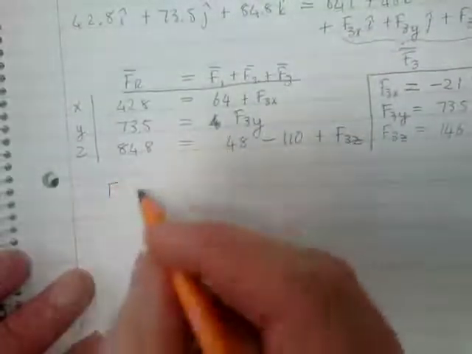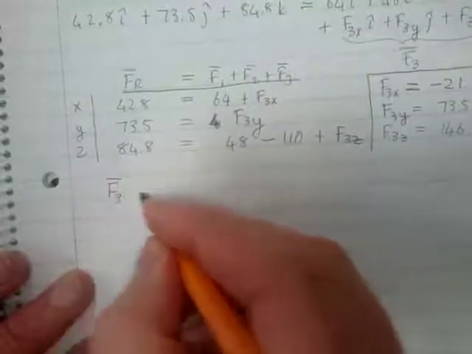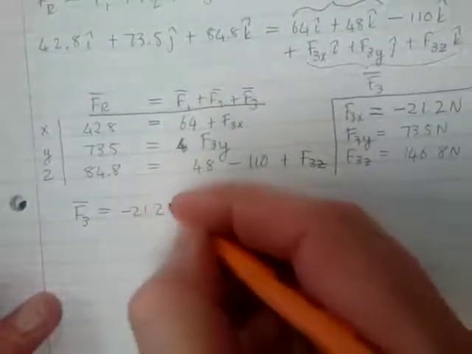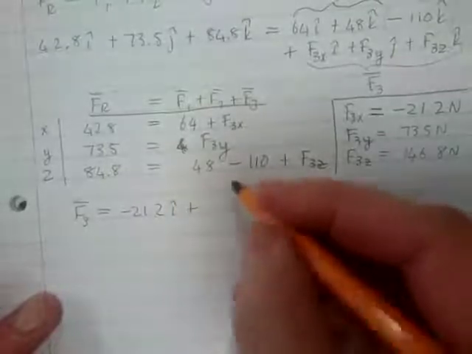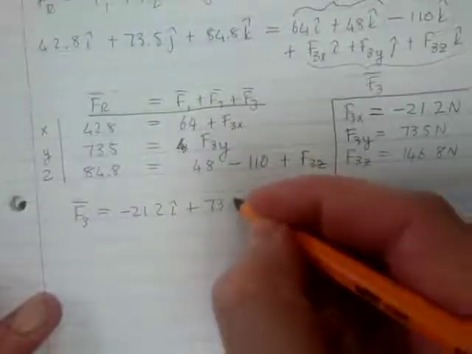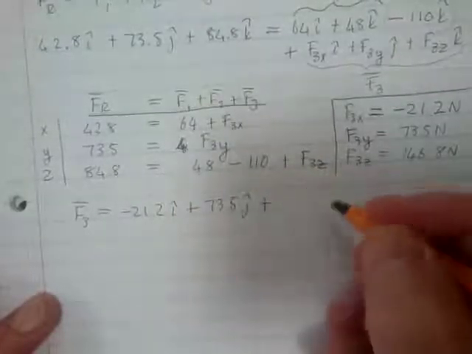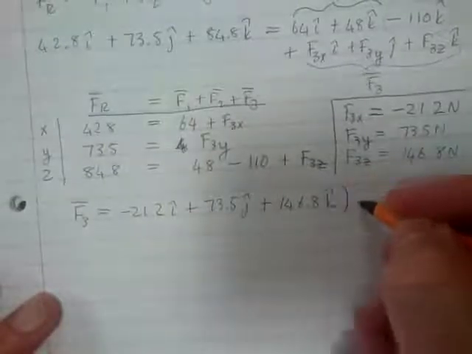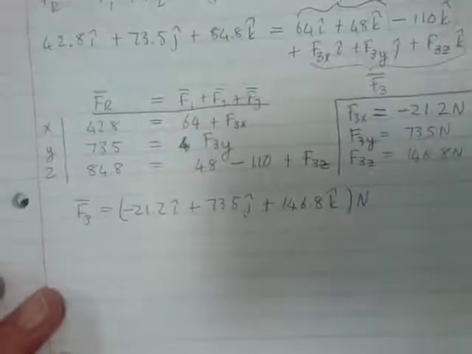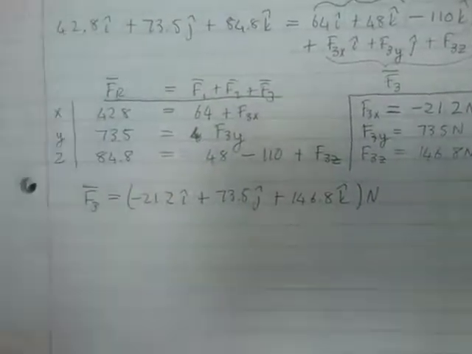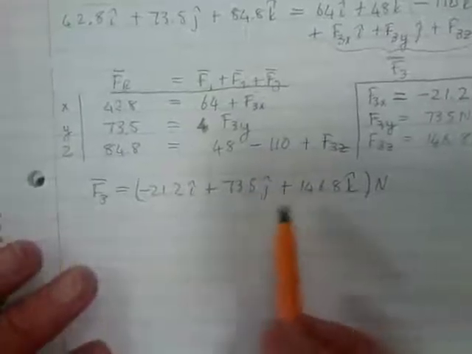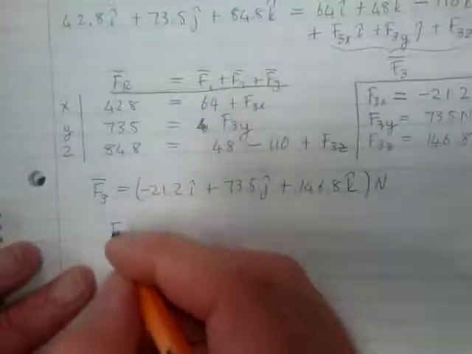Nevertheless, we have now calculated each one of these F3 components. So if we write out F3 in Cartesian vector form, we get minus 21,2i plus 73,5j plus 146,8k Newton. Is everyone happy with that? Now, how do we calculate the magnitude?